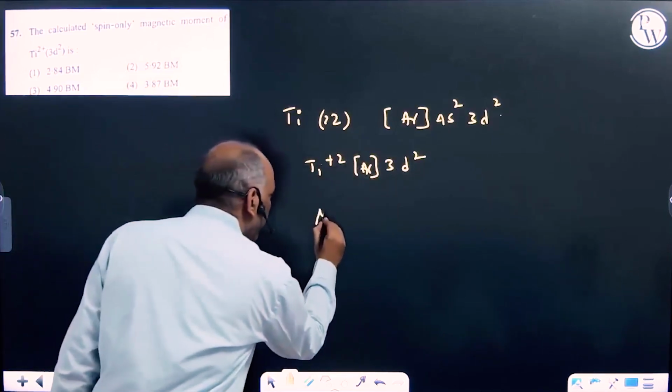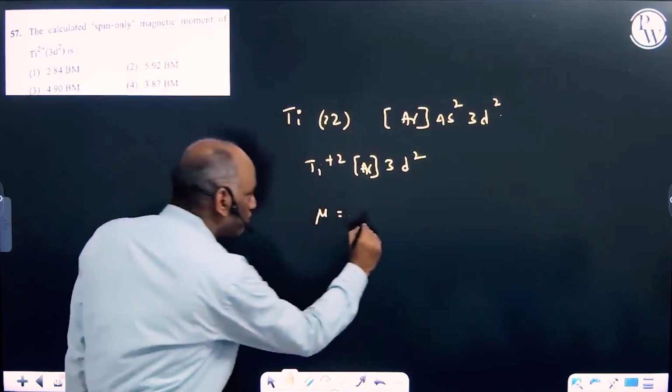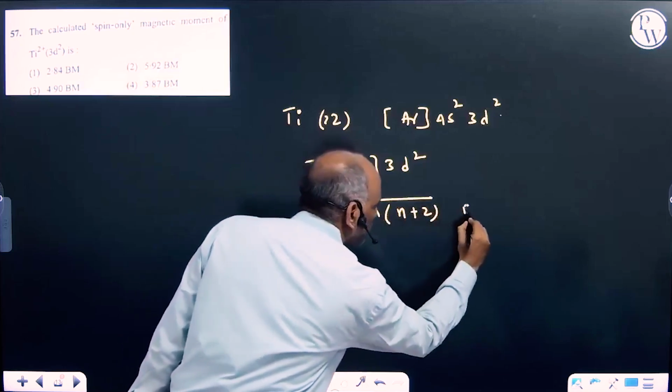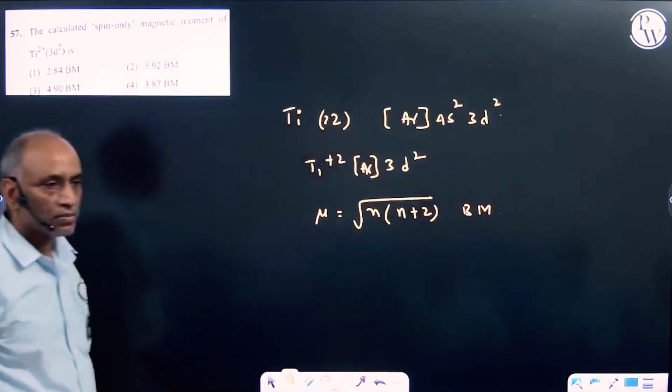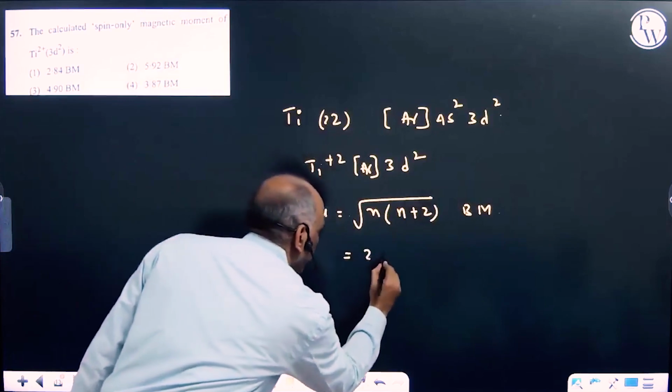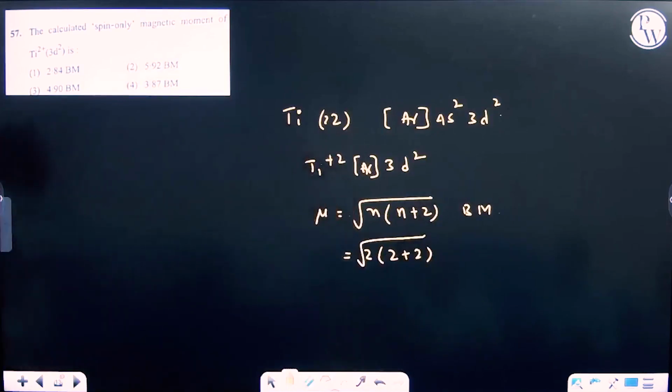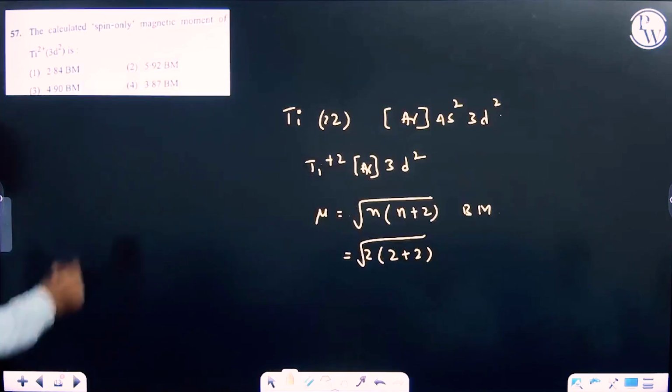The spin only magnetic moment associated with it will become root n into n plus 2, where the units are Bohr magnetons. So you have 2 into 2 plus 2, and hence it is root 8, which becomes 2 root 2, nothing but 2.84 Bohr magnetons.